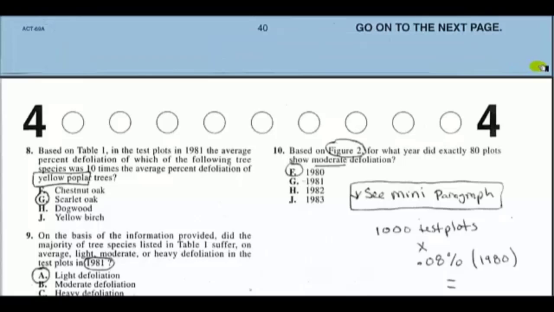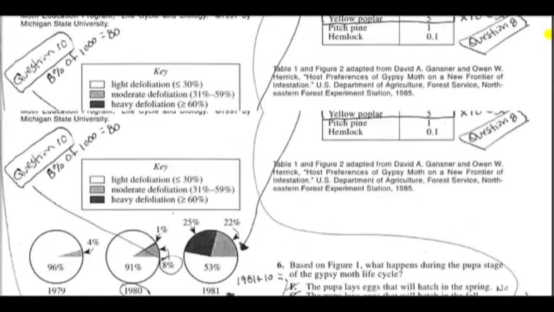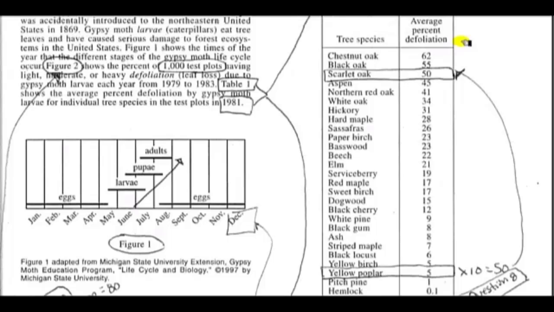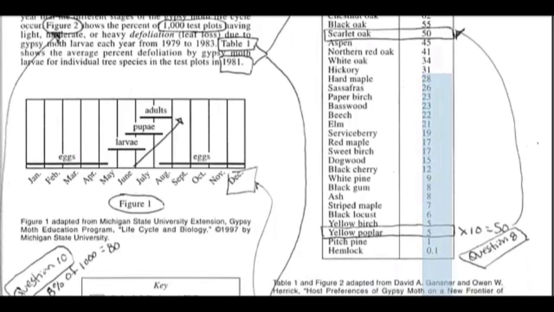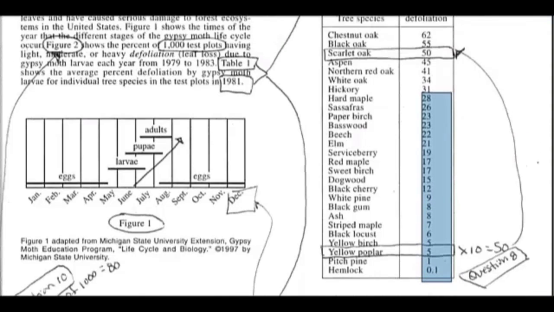So let's go ahead and take a look at that. Go back up here, and let's just grab everything that's below 30%. When you do that, you see that the vast majority is under 30%.